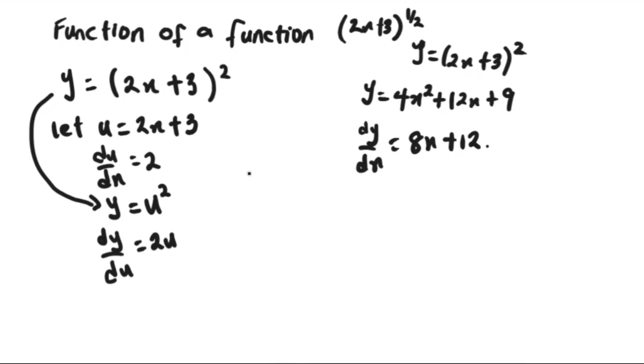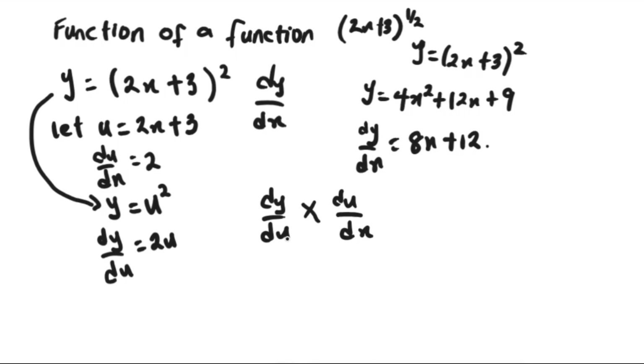So you discover that we have the dy/du and we have the du/dx. And what we are looking for actually is the dy/dx. So when you multiply these, you will discover that the du will cancel the du, and this will give us the dy/dx. So that's the basic formula for chain rule, which is our function of a function.